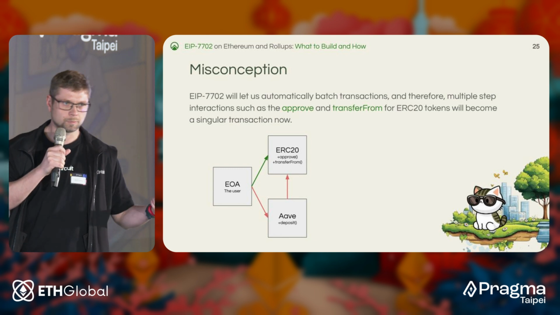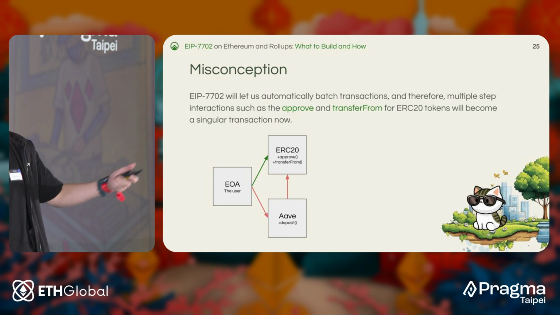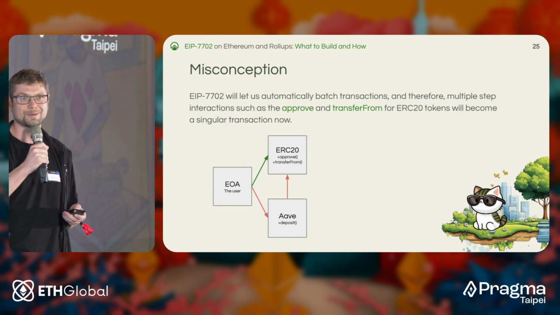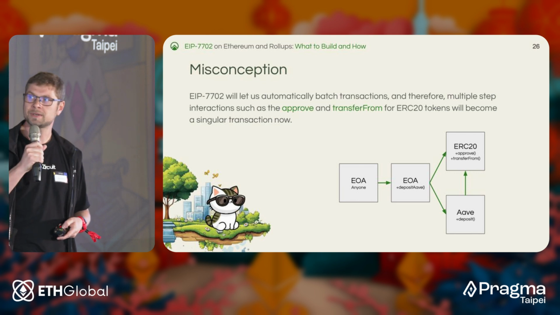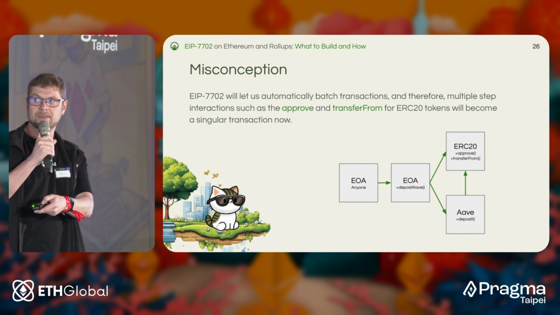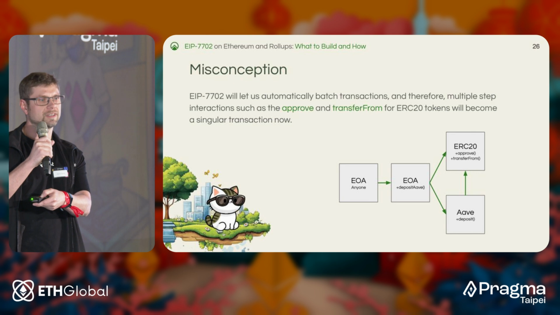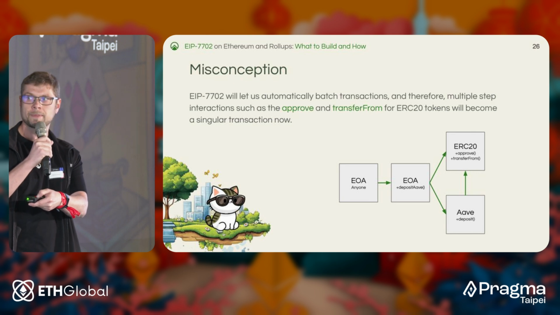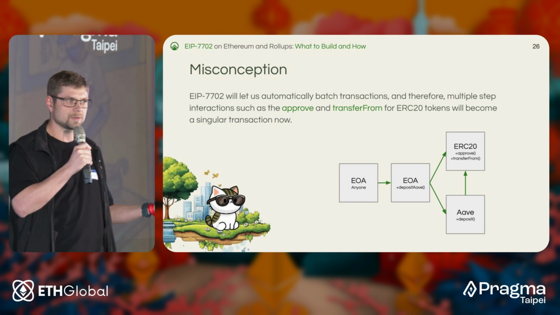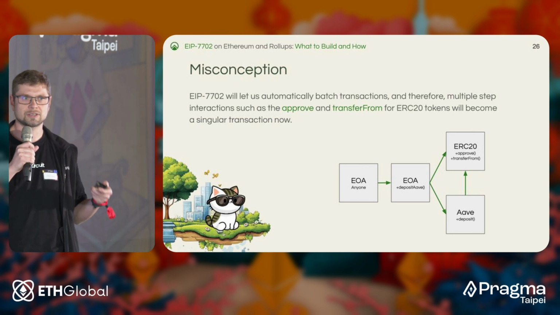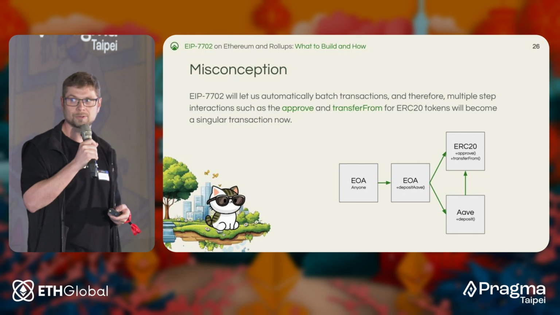When we project ourselves one month from now, we will have 7702 on Ethereum, and we will be able to do something different, something smarter, where all of this becomes a single transaction flow. So your account is now here. You would delegate it to some smart contract that has a function that specifically deposits into Aave.